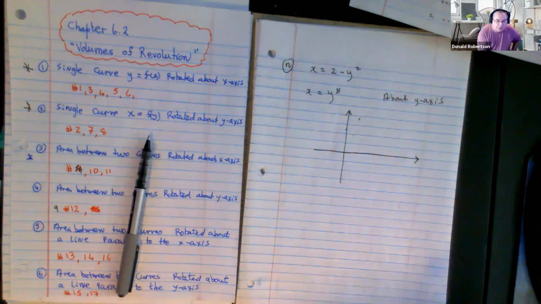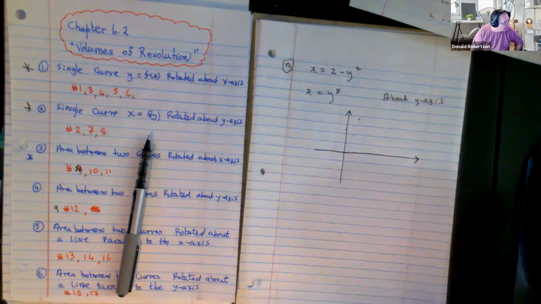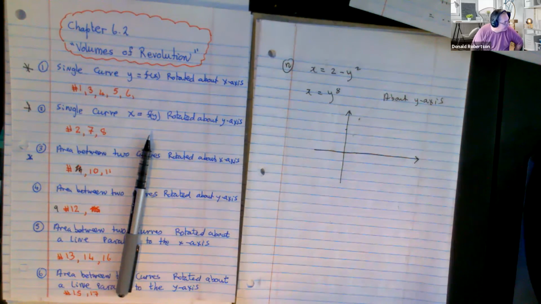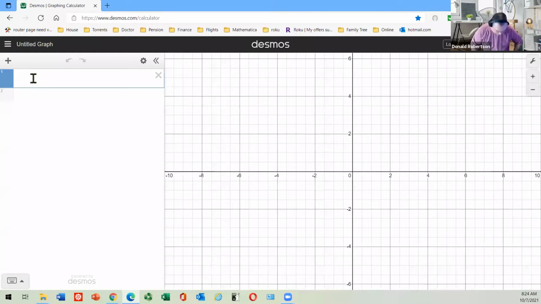And I'm going to do this one using Desmos. So let's see what these two guys look like in Desmos. The first one was x equals 2 take away y squared.